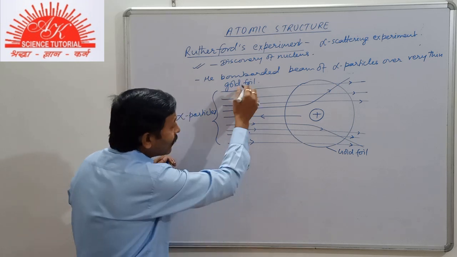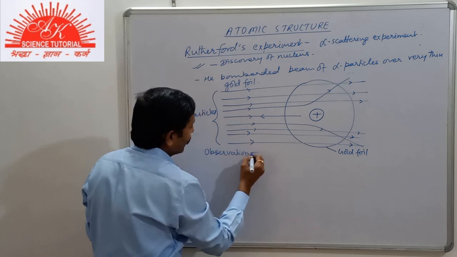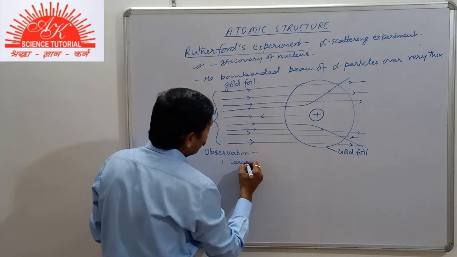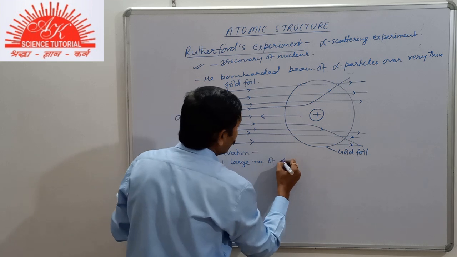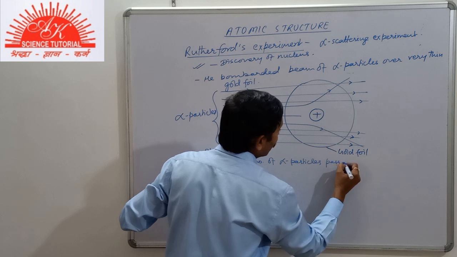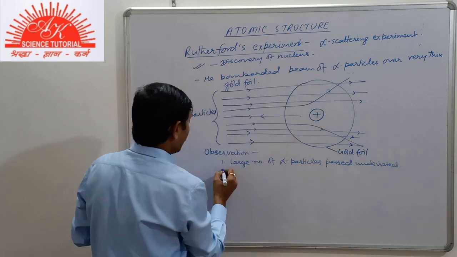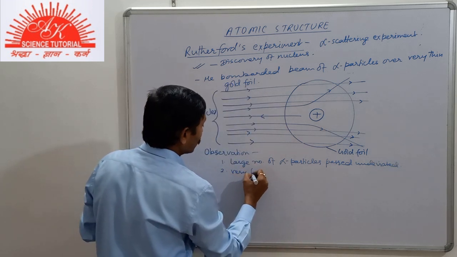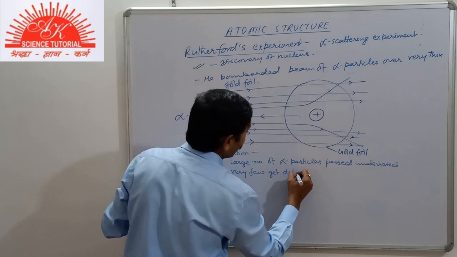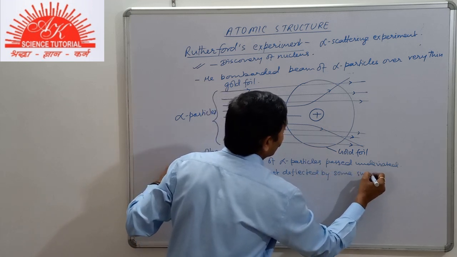Now, after understanding it, you will write it as the observations of the alpha scattering experiment. First point, a large number of alpha particles passed undeviated. Second, very few get deflected by some small angles.